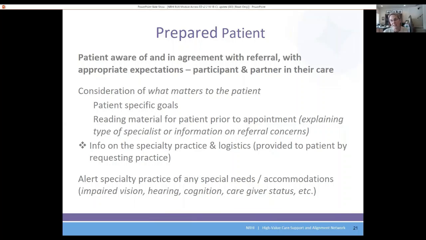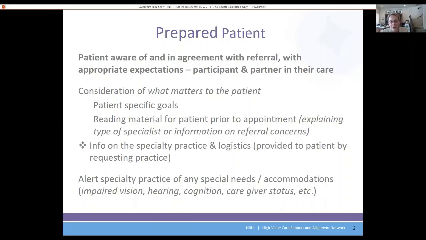So giving the patient something that says, this is what a neurologist is, or this is what lupus is. And then really important, and Beth can talk more about this as well because they've done this at Denver Health, a safety net hospital, and they've dramatically reduced no-shows for new appointments by giving the patient some information about that clinic, where to park, how to get through the building, and the clinic contact information.